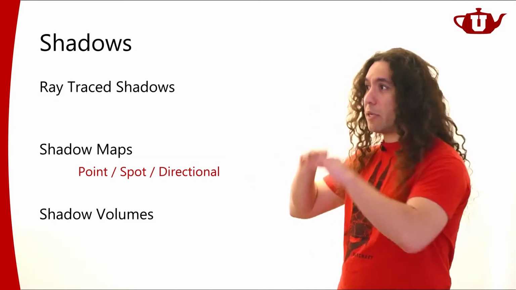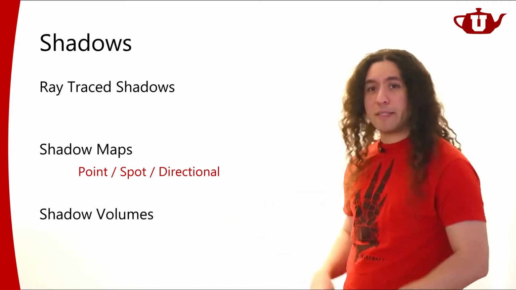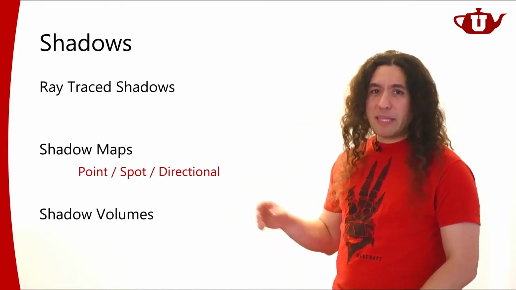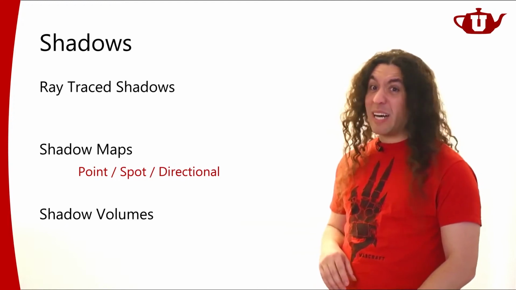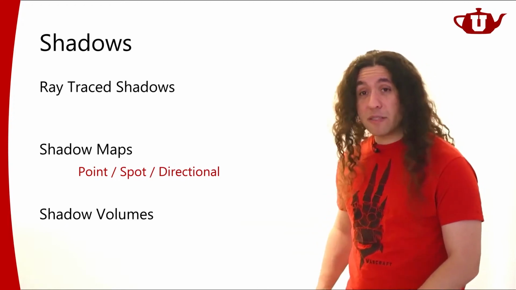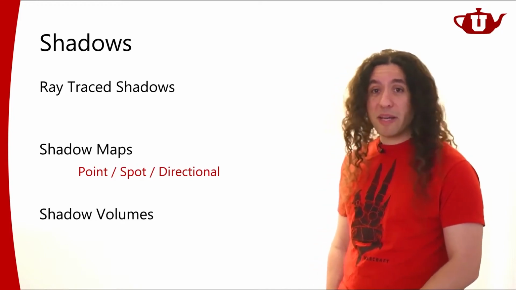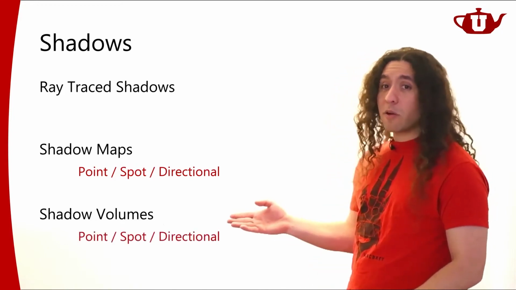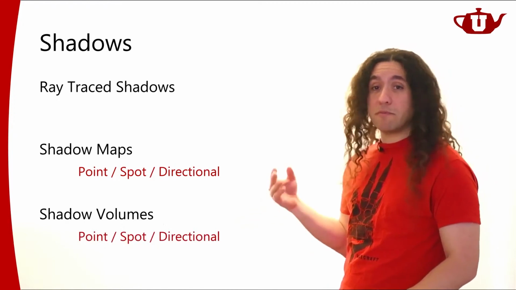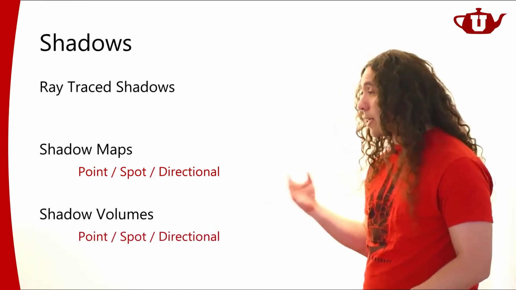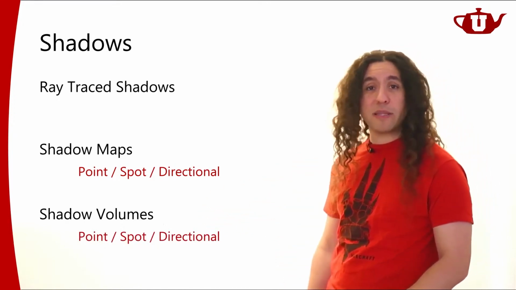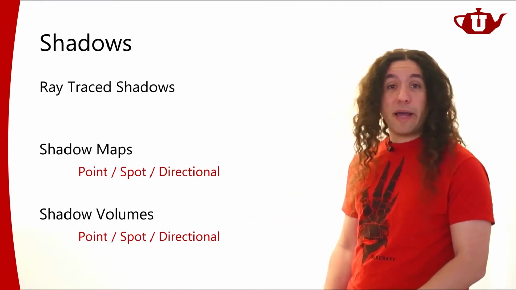We need to generate all this geometry and deal with all that geometry. That's what makes them not so attractive. They're not necessarily efficient, especially when you have a lot of polygons in your scene. They can be kind of messy to deal with. And they also work with the same types of light sources. We can use them for point lights, spotlights and directional lights, but not typical area lights, for example.